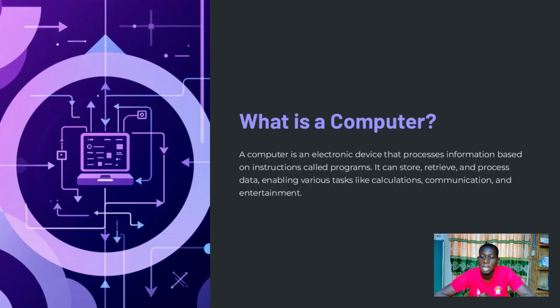Okay, in the definition, we said what? Process information or data based on instructions. Yes, before the computer can work, you need to give the computer instructions. We have some robots that have been programmed. So you see the robots working alone. It has been programmed already.